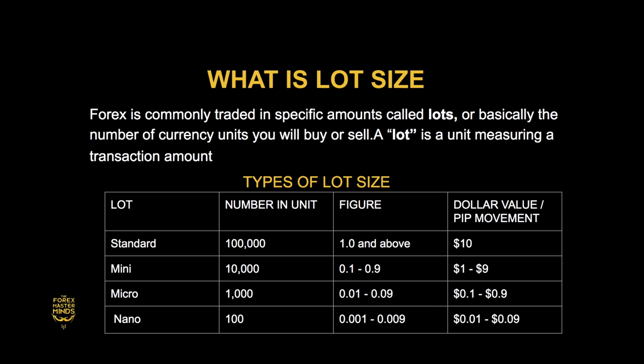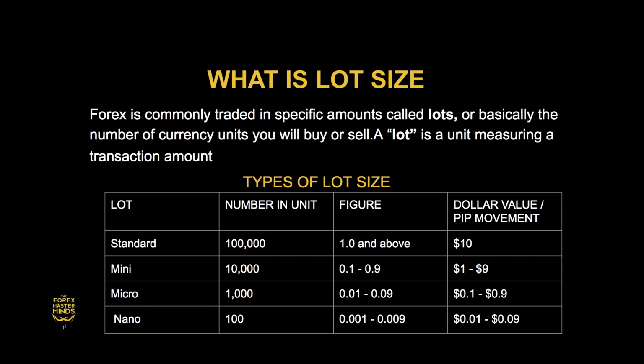If you place a trade with a mini lot size of 0.1, and price moves up by a pip, you get $1. If it moves up by 2 pips, you get $2. If it goes in profit of 3 pips, you get $3. So the mini lot size is 10,000 units, which is represented as 0.1 on your MetaTrader.